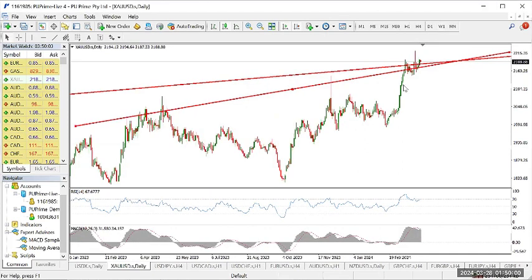Now, if I flip down to the daily time frame, I can clearly see the formation of a head and shoulder pattern. It's still in formation, but if it gets completed, all things being equal, I'm expecting to see a breakout in the downward direction.